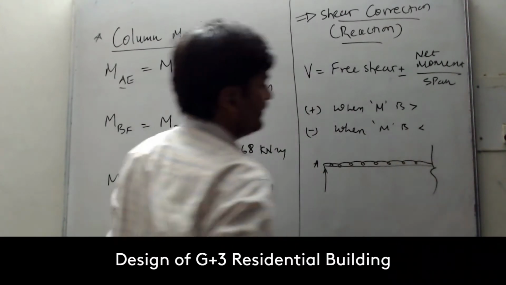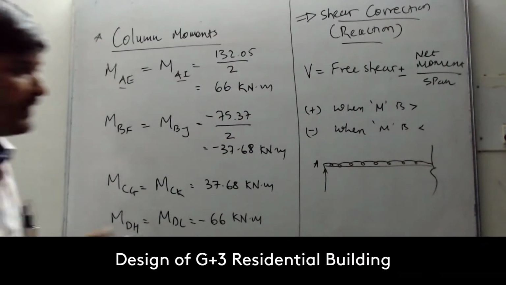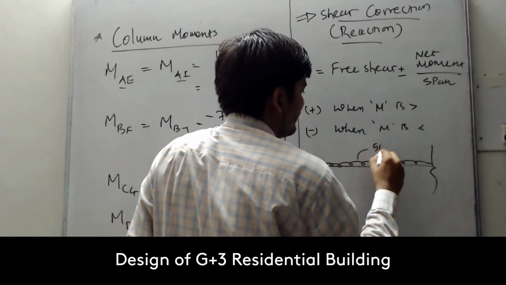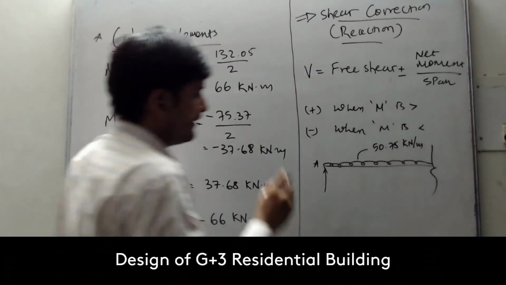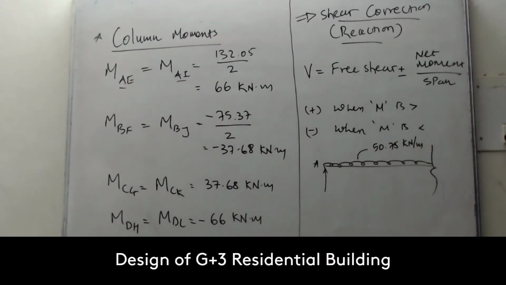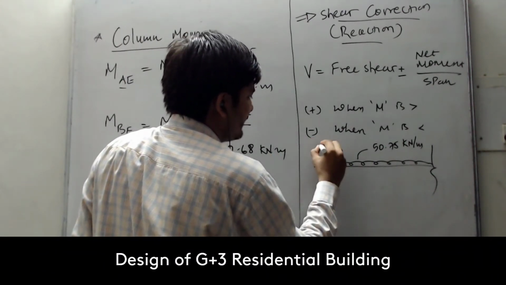The intensity of the UDL we know as 50.75 kilonewton per meter, and we have a moment at point A which is MAB.